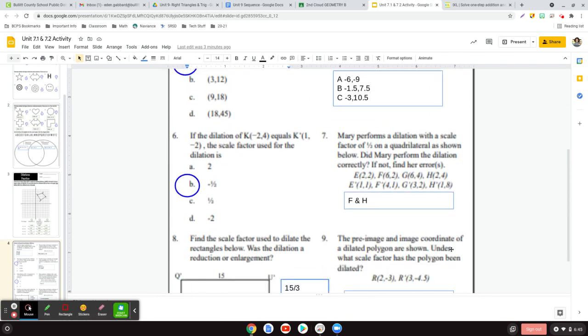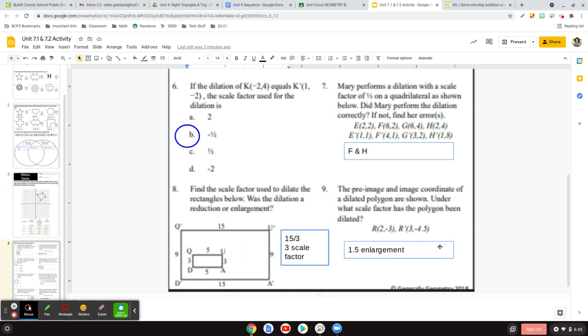All right, 6. It says if the dilation of point K, which was at negative 2 comma 4, equals K prime of 1 comma negative 2, what is the scale factor used in this dilation? Well, we know that this K here is our original, and this K prime is our ending. So how do we get from negative 2 to 1?